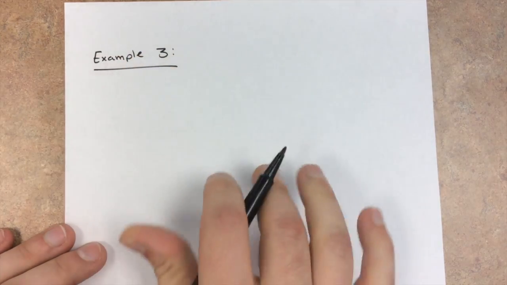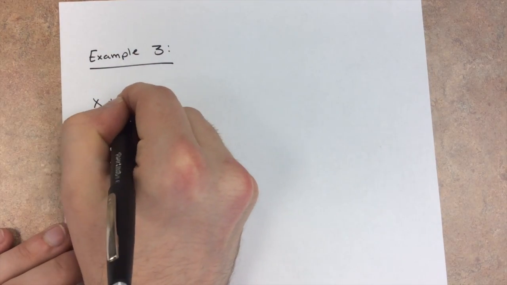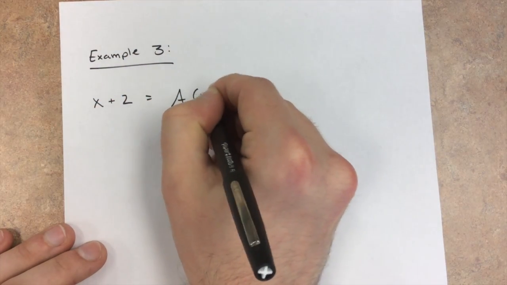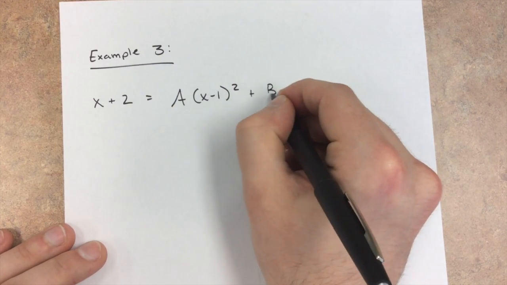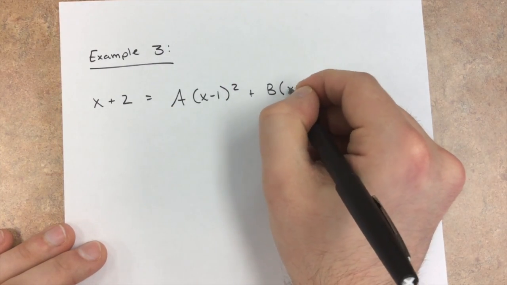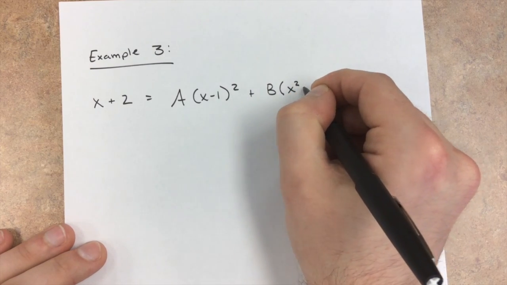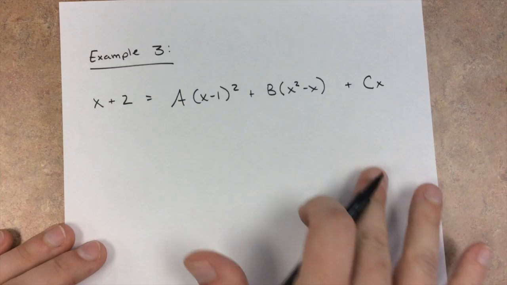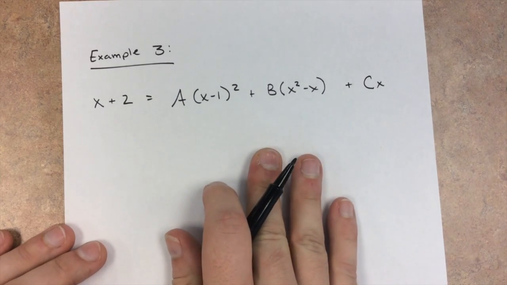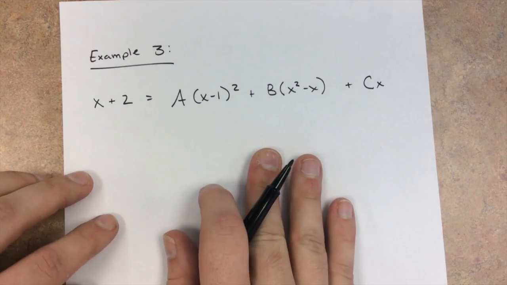So once we get to this step, x plus 2 equals a times (x minus 1) squared plus b times, I'm just going to FOIL that out a little bit, x squared minus x plus c of x. What I want to do is multiply all of this algebra out and group the like terms.